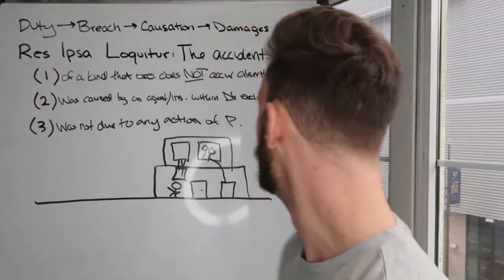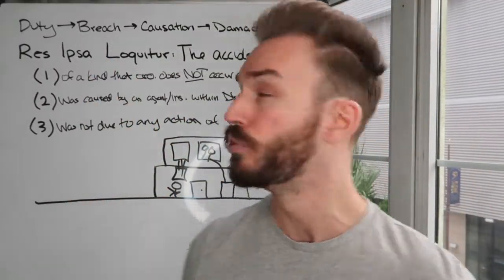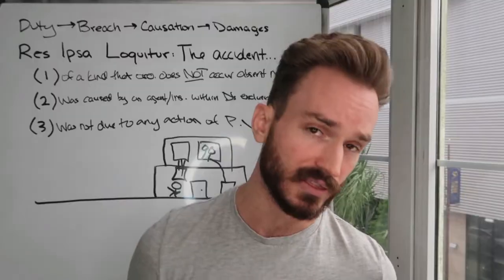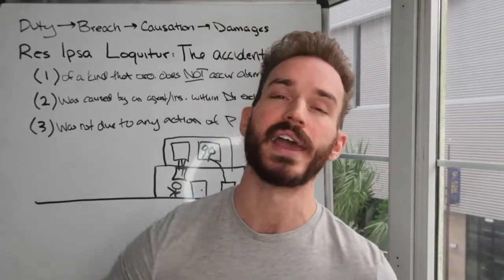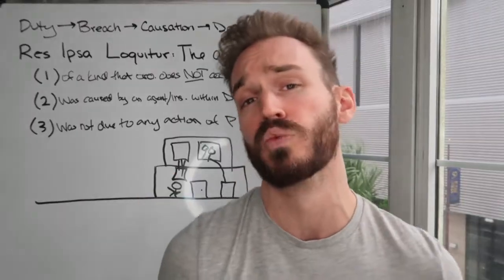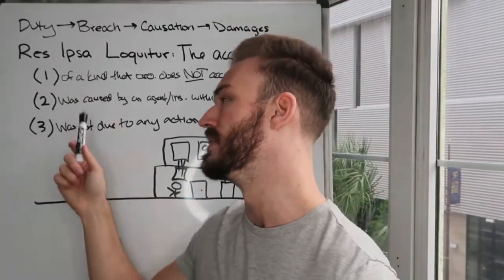So here I do think that you would have all three elements satisfied, and that's kind of where we get the idea of res ipsa loquitur. So on a tort essay, if you see a fact pattern like this, where you have an accident resulting in harm, but you don't have direct facts as to what the defendant's conduct actually was, you're going to want to run through these three elements.